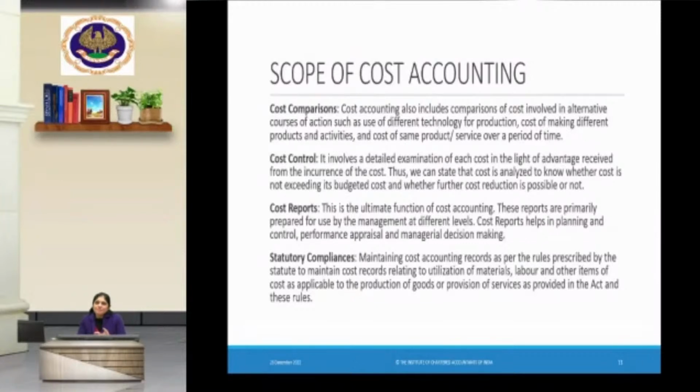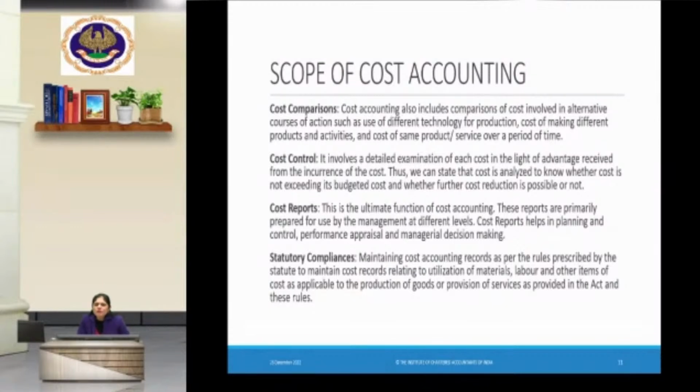So cost comparison means we always compare the cost of alternative courses of action. Alternative A, alternative B, alternative C: for all three alternatives, I find out the cost. Then I will choose the best alternative, which will have the minimum cost without compromising the suitability, utility, or quality of the product or the service.